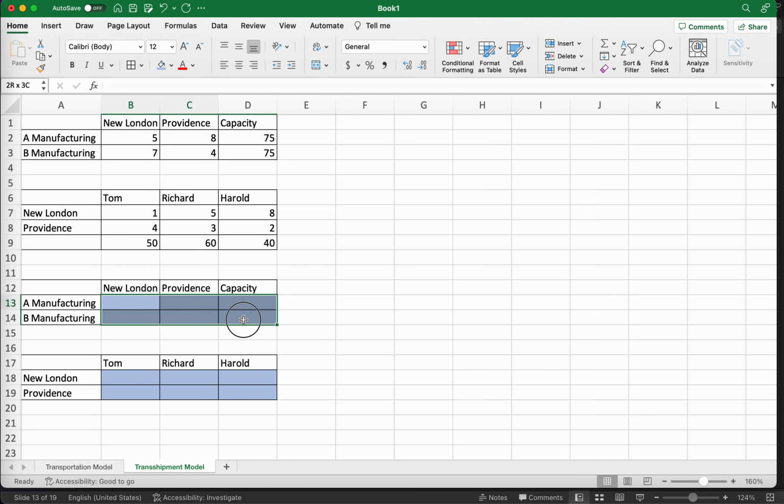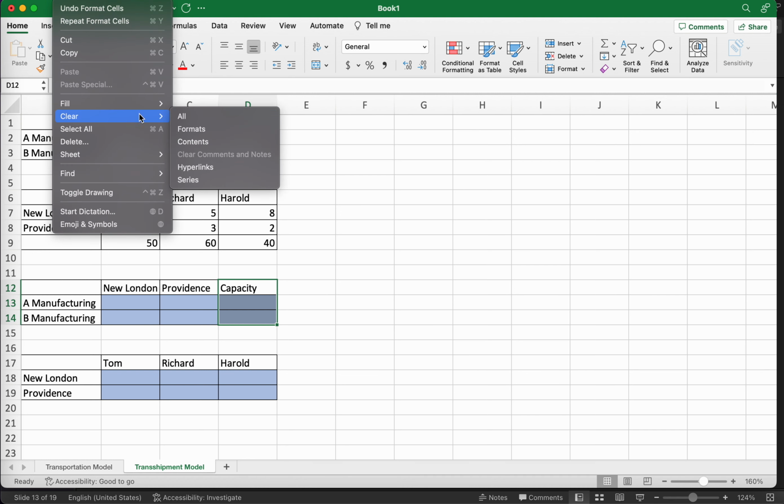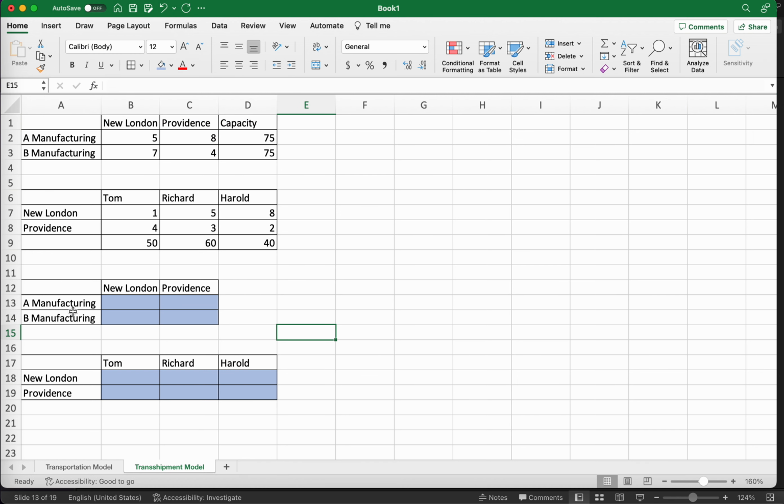These will tell you how many units get transported from manufacturing facilities A and B to New London and Providence, and these 6 cells will tell you how many units are transported from New London and Providence to each of your 3 customers. So let's write the objective first.